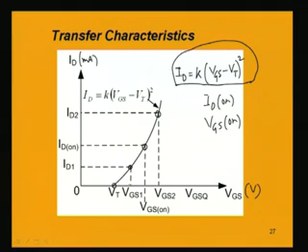So, now what will we do with this transfer characteristic? We will be plotting the transfer characteristic and the network characteristic, given by this straight line, ID versus VGS, on the same axis.